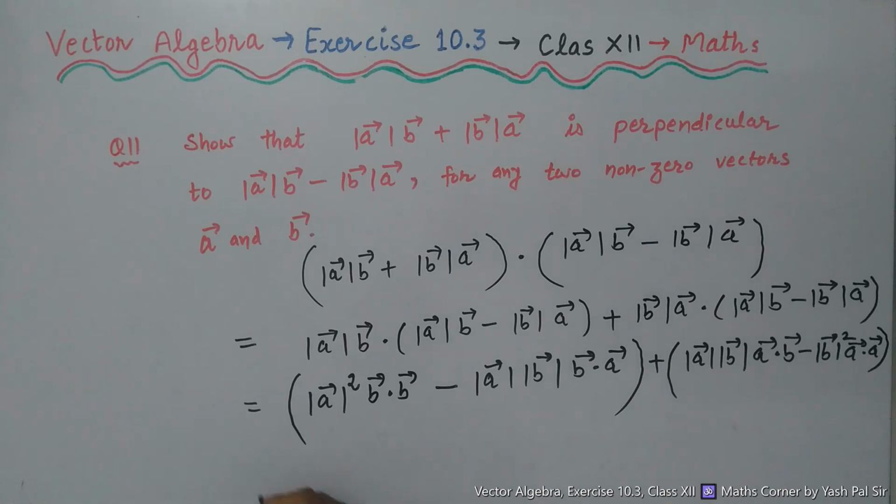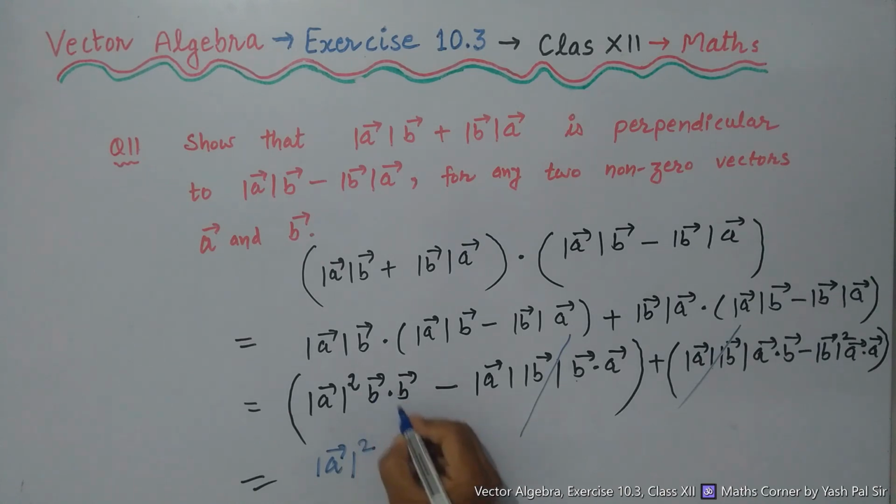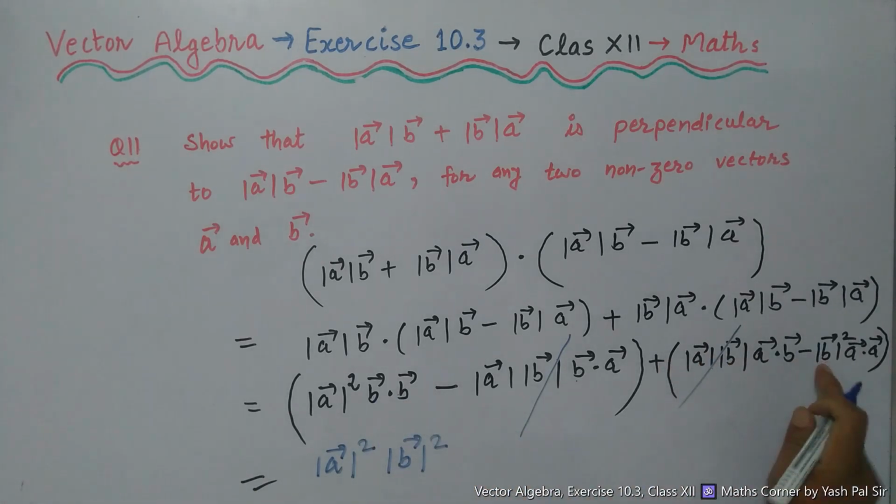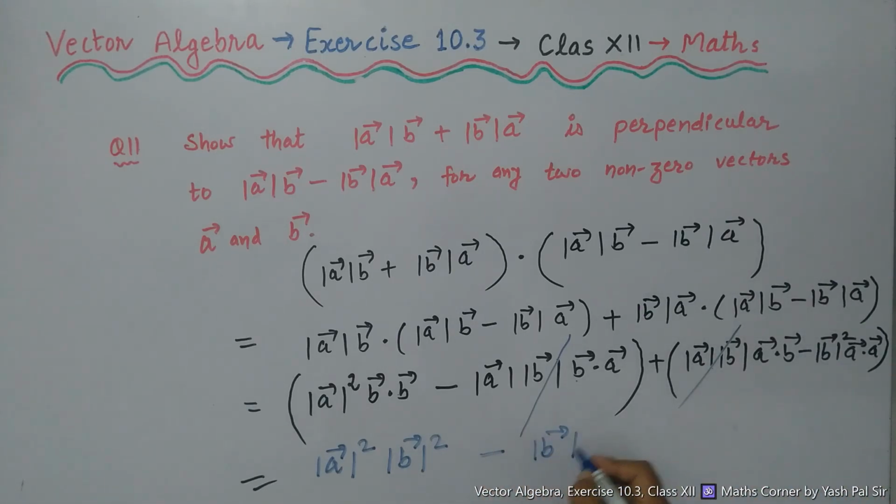So what we see here, B dot A is equal to A dot B, so this term is the same, cancelled, right? So in the first bracket we have magnitude of A whole square, this is also magnitude of B whole square, and this is minus magnitude of B whole square, this also becomes magnitude of A whole square.